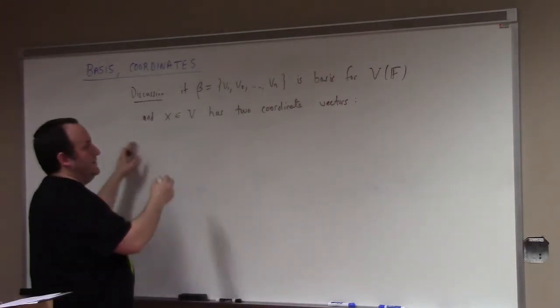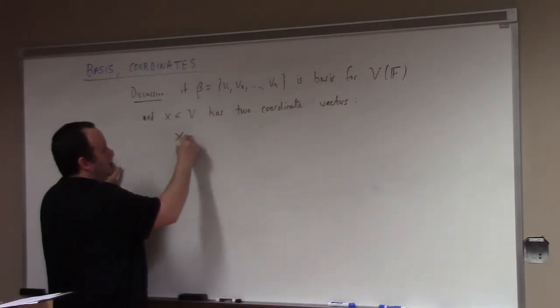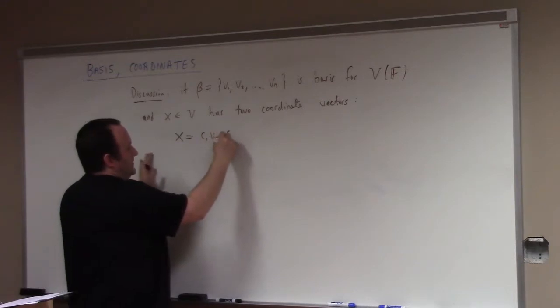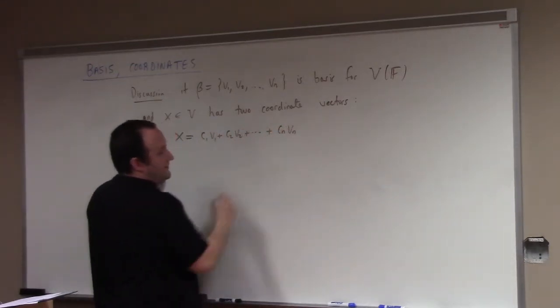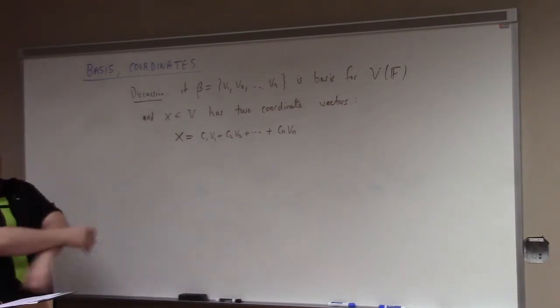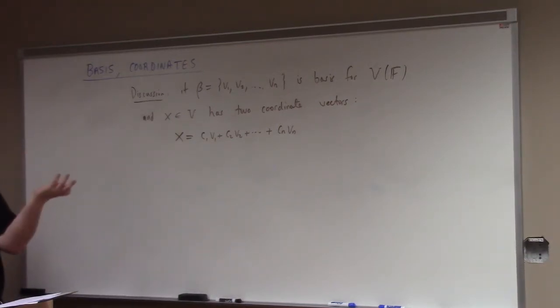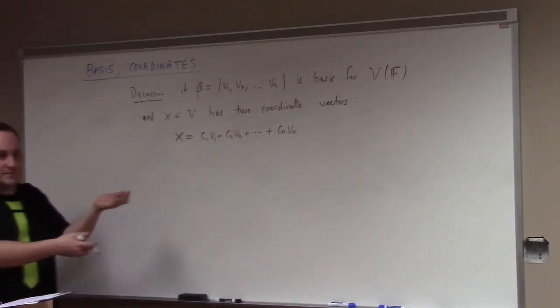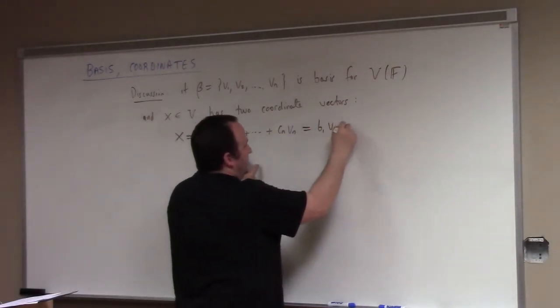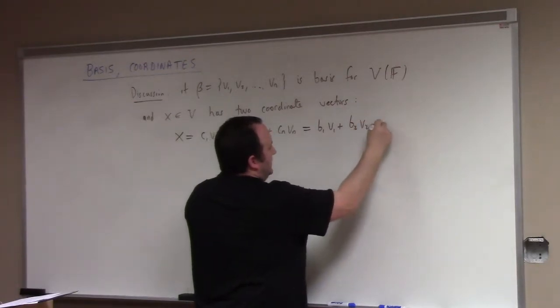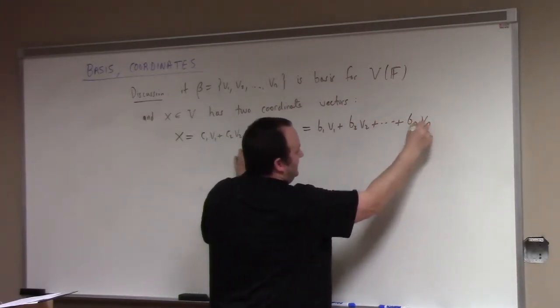That would mean that I could write x as c1 v1 plus c2 v2 plus ... cn vn like that, right? But suppose I could find some other set of numbers, let's say, for lack of imagination, b1 through bn. What if I could also write that as b1 v1 plus b2 v2 plus ... bn vn, right?